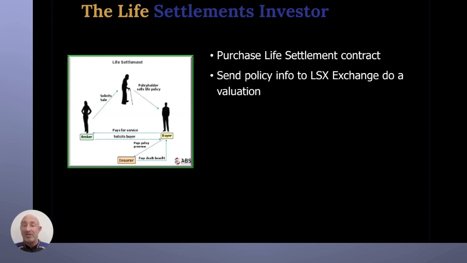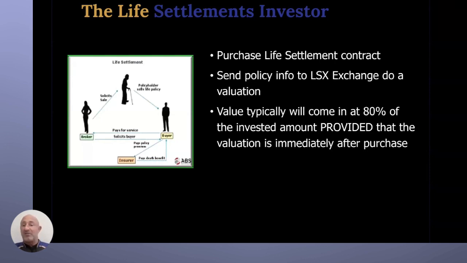They'll provide a valuation, which typically will come in at about 80% of the invested amount, giving you a slight discount, provided that the valuation is immediately after you purchase it. The longer you wait, the higher that valuation is going to go with a life settlement contract. Then you convert to a Roth and enjoy any of the gains tax-free.